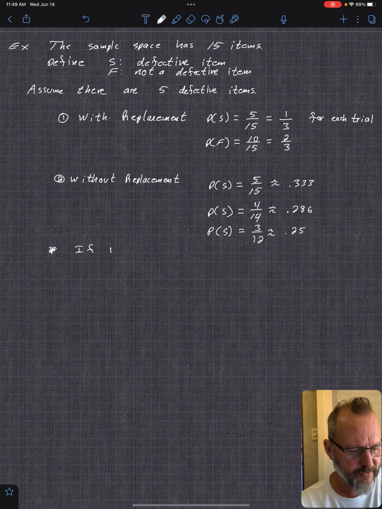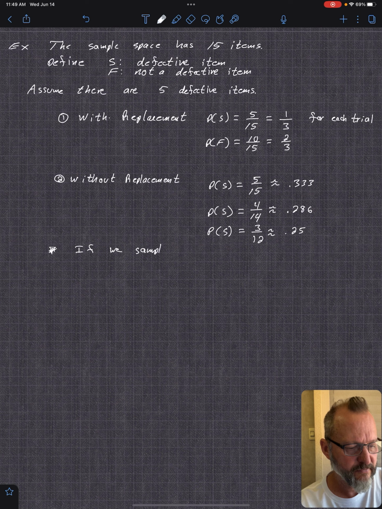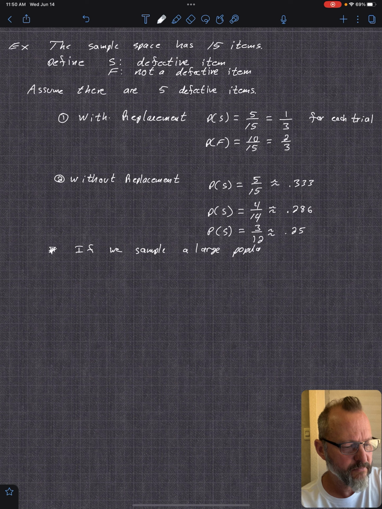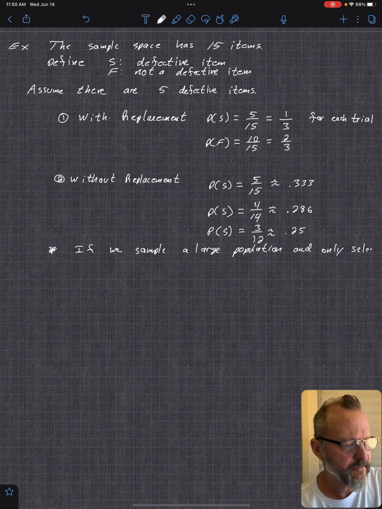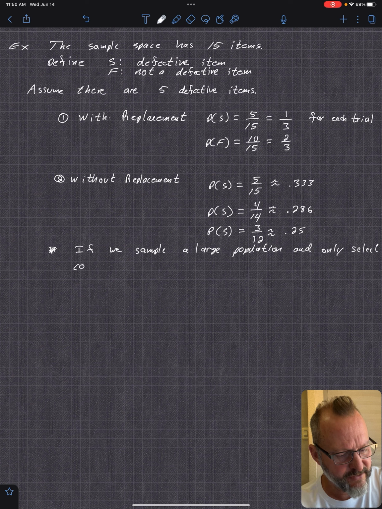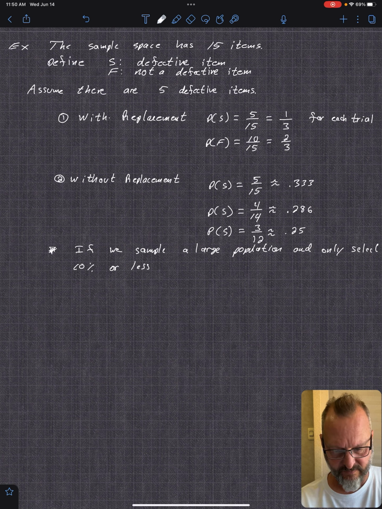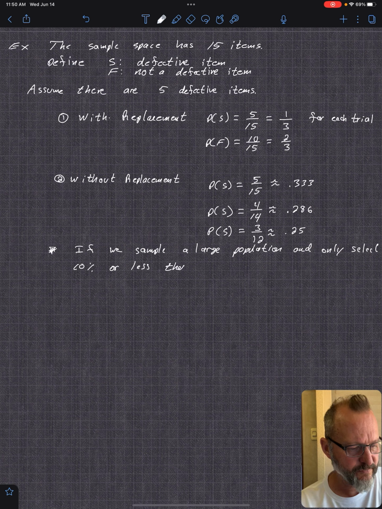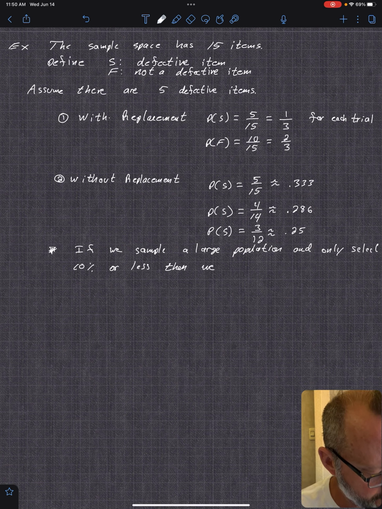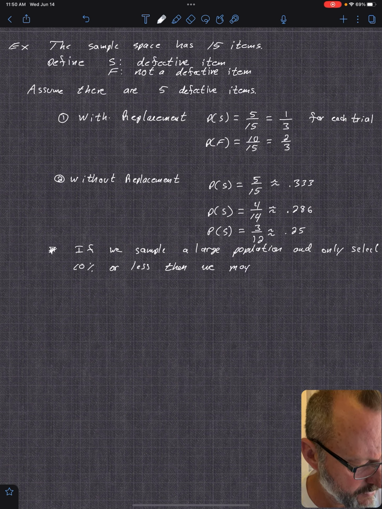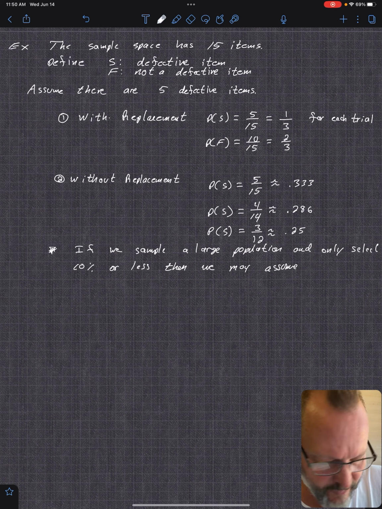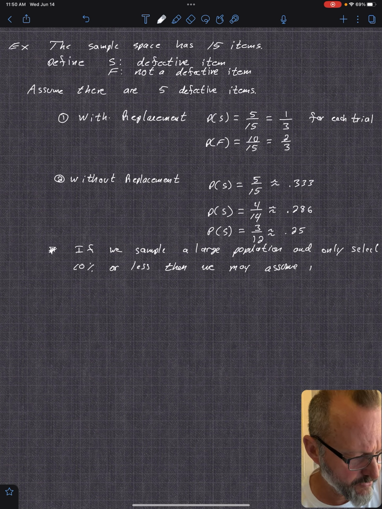If we sample a large population and only select 10% or less, then we may assume independent trials.